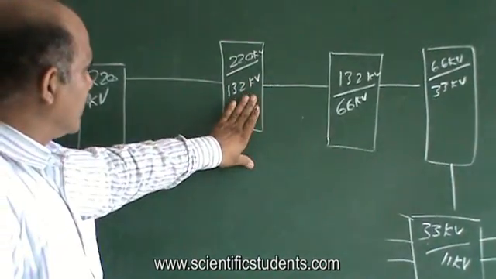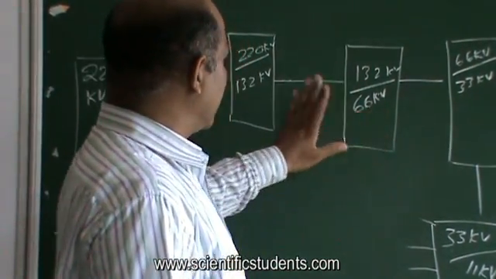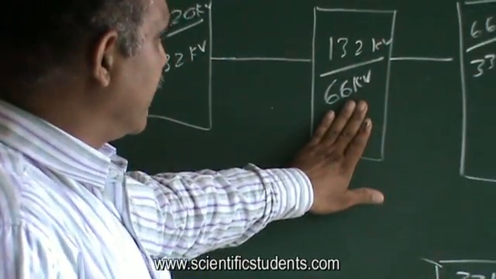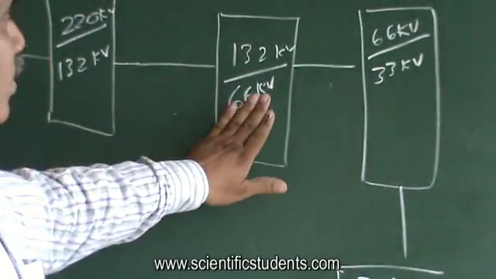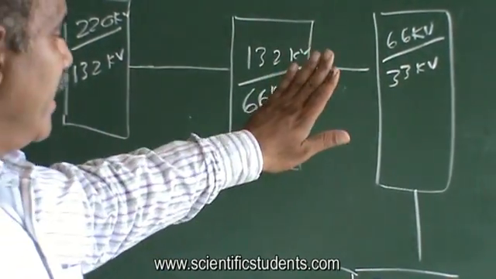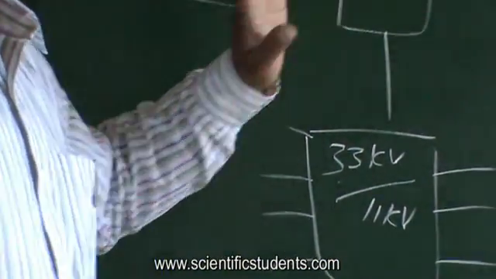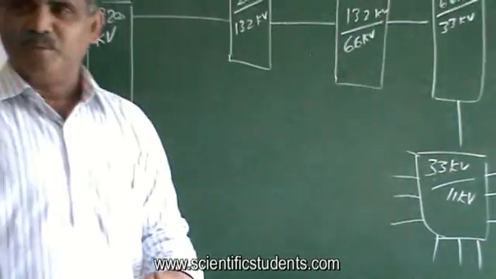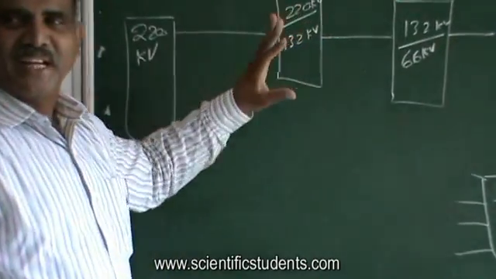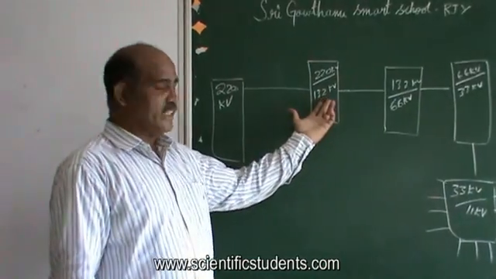For every 132 kV substation, there are many 66 kV substations. And once again, for every 66 kV substation, there are so many 33 kV substations connected. And there are so many 11 kV substations connected to a 33 kV substation. Here in Bomur, Rajahmundry, you have this substation. At Rajahmundry Bomur, you receive 220 kilovolts and you get 132.